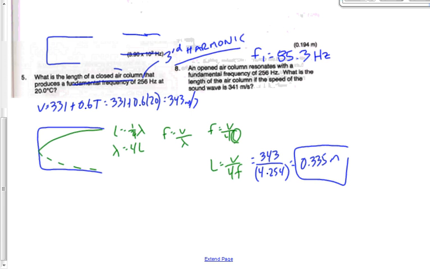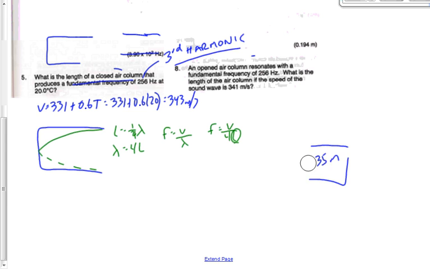The other thing we could do here is instead of taking the third harmonic and dividing it by 3 to get the first harmonic, we could just stick with the third harmonic and derive the equation for the third harmonic like we did. Change the equation, right?